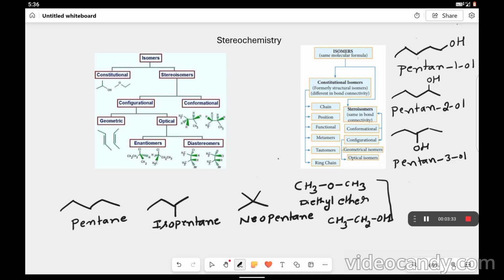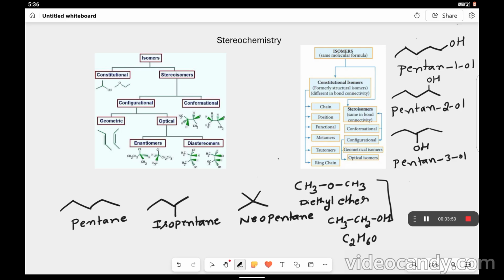In these two compounds, the molecular formula is the same, C2H6O. One of the possible compounds is diethyl ether, and the other is ethanol, leading to different functional groups.